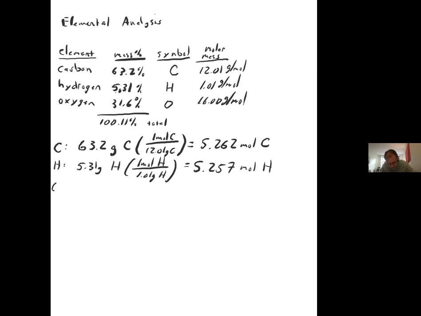And then you do oxygen. Oxygen is 31.6. 1 mole of oxygen is 16 grams. So 31.6 over 16 is 1.975. Now that's smaller, right? That one's the smallest of the 3.